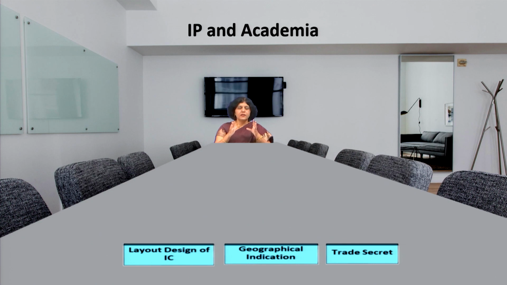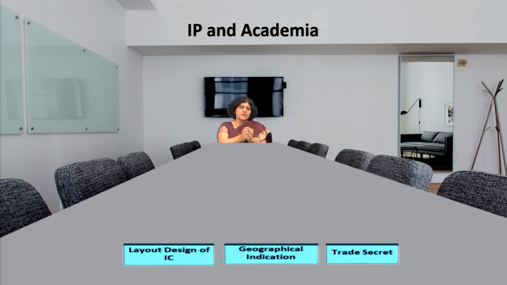So, the Semiconductor Integrated Circuit Layout Design Act was enacted in 2000, and this act gives protection to the design of an integrated circuit, where the transistors and resistors are arranged.